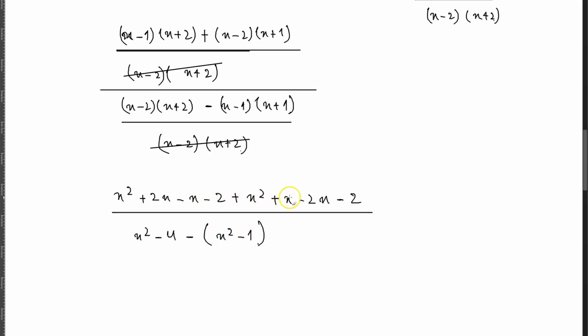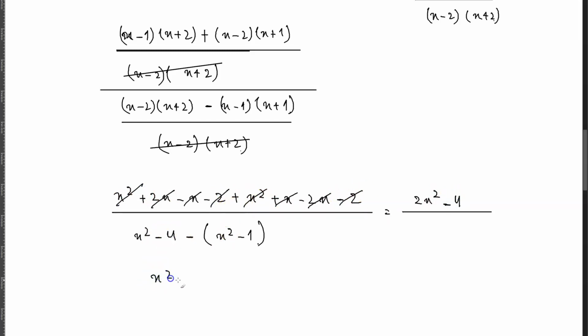And so I can simplify these two. And so I will get 2 times x squared minus 4 in the numerator.